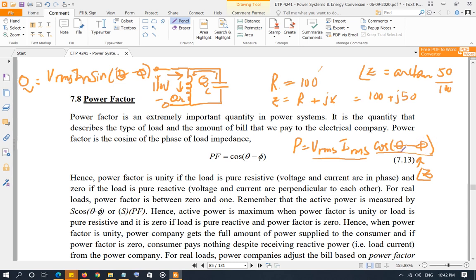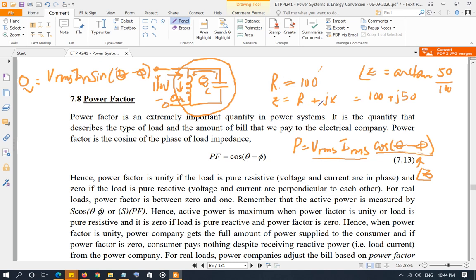It will basically move the angle of impedance towards 0 degrees, so the cosine value is going to increase. What does that mean? That this QL in parallel to QC is going to become a smaller value as compared to R.